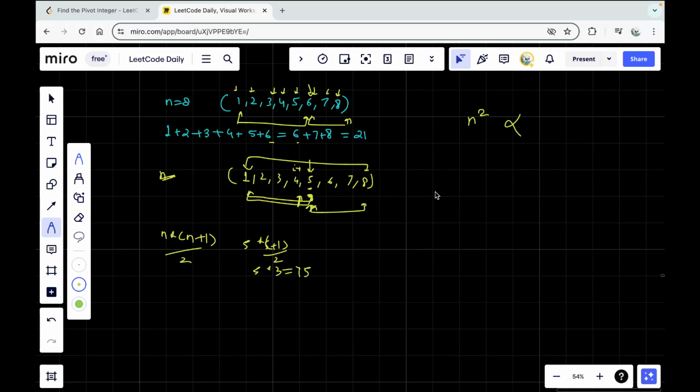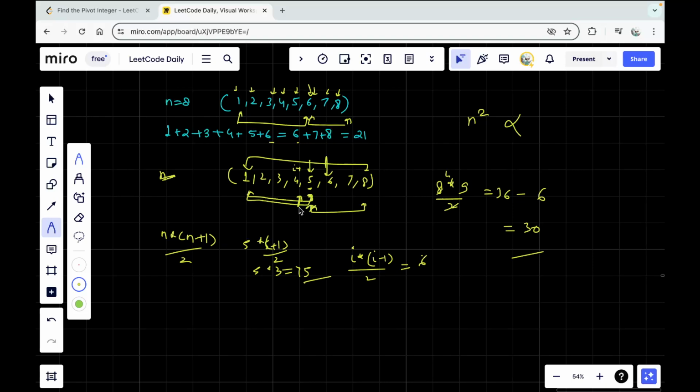If you sum all n natural numbers, you get 8 into 9 by 2, which is 36, minus the sum of I minus 1 natural numbers, which is I into I minus 1 divided by 2, that is 4 into 3 divided by 2, which is 6. So you'll subtract 6 and get 30. These are not matching right now, but as soon as you come to 6, these will match.